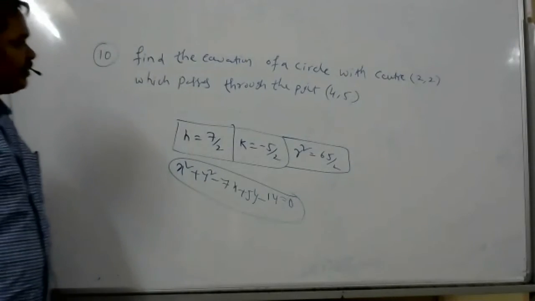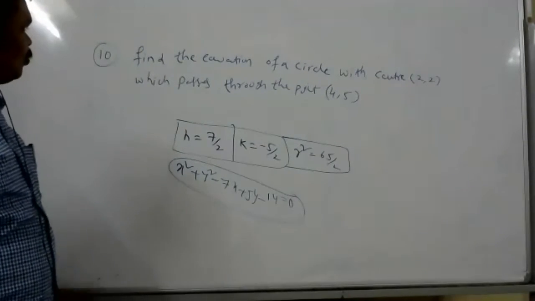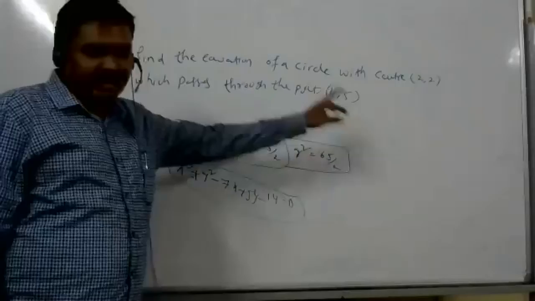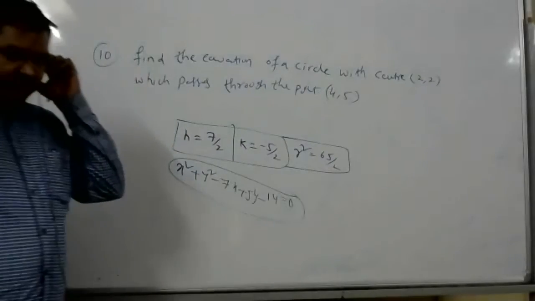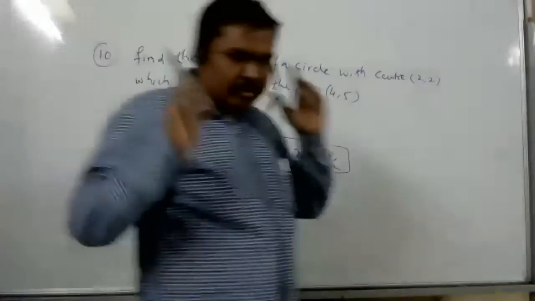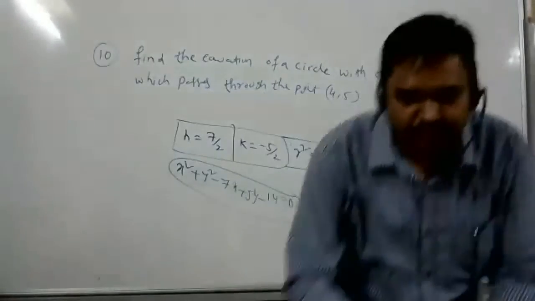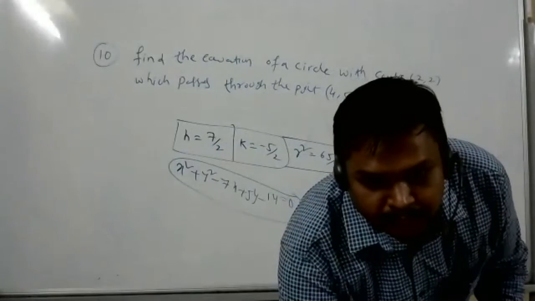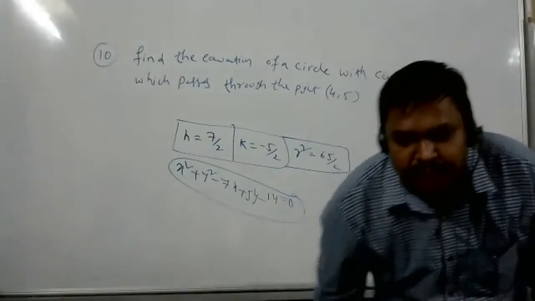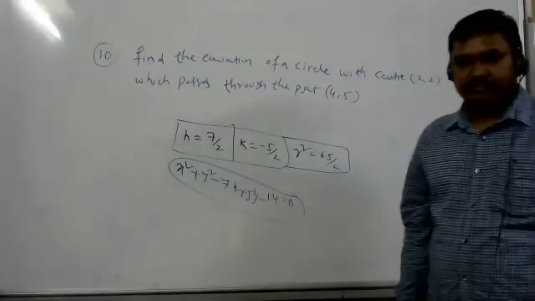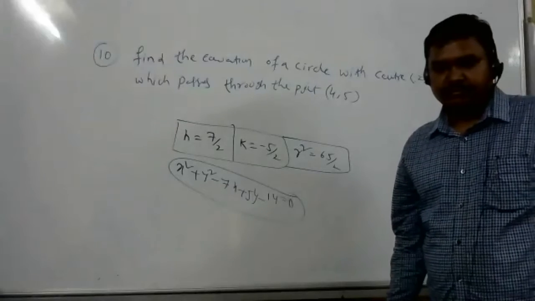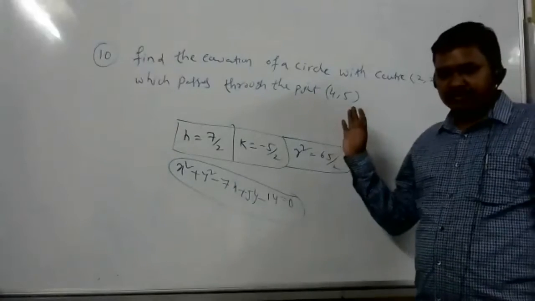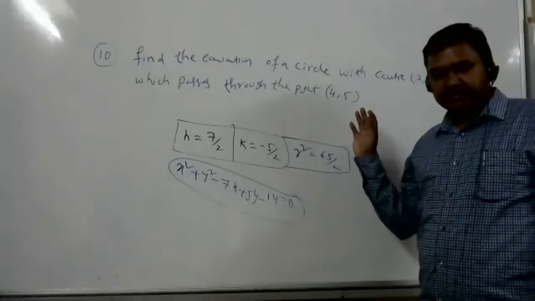Find the equation of the circle with the center 2, 2, which passes through the point 4, 5. Last problem, small problem.